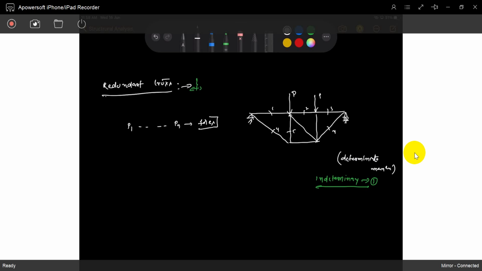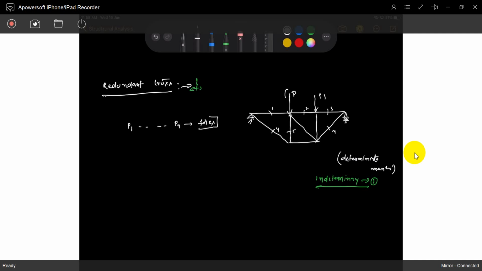So if another redundant member is joining in the system, see, the external force is taken by the internal forces. Understood? External force is taken by internal forces. If another member is joining inside this system, every force in the member is altered.